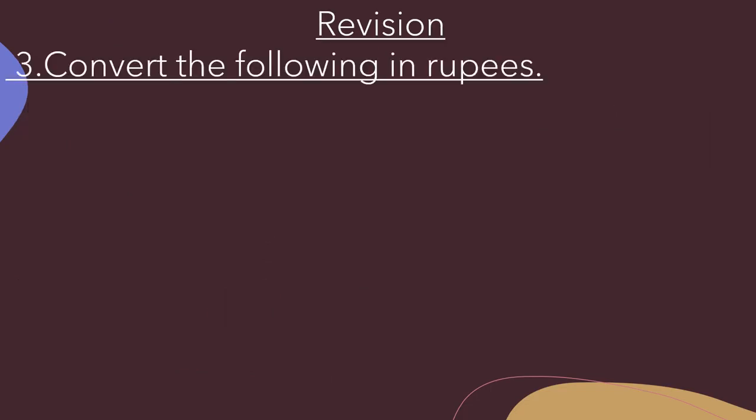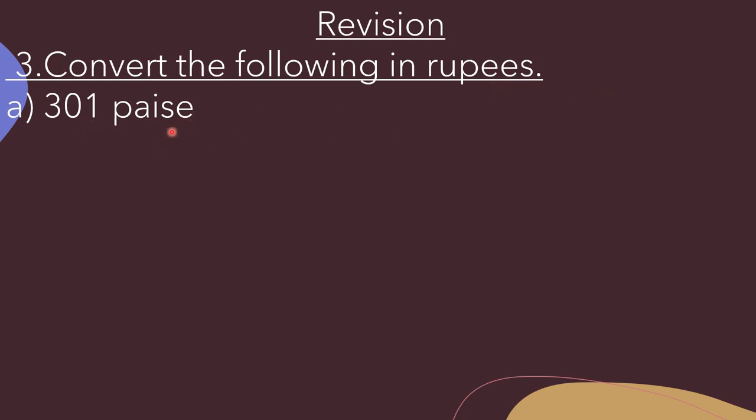Now beta, question number 3, convert the following in rupees. So here it is given in A part 301 paise. Because paise is the smaller unit and rupees is the bigger unit, when we want to convert paise into rupees, we will divide paise by 100.